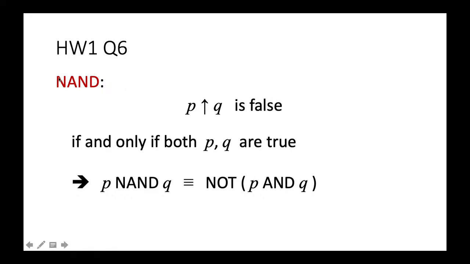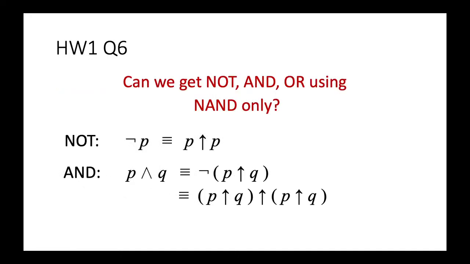To show this is true, we can use the truth table to do so. And then the question in the assignment asks us to see if we can express not, and, or, these three operators, by using NAND only.